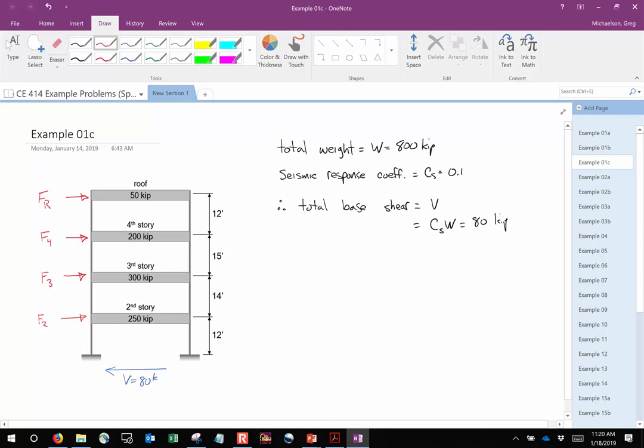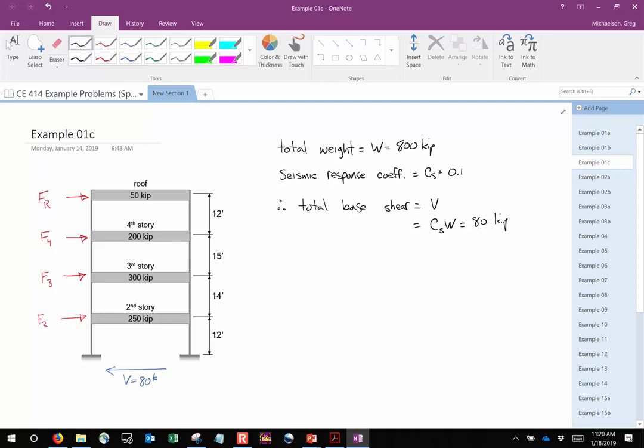Now, one of the things right off the bat when you perform your computation is you are distributing this 80 kips to each story. So a really simple way of checking your math is that when you add up each of these forces, they need to add up to be 80 kips. Okay? So that's just something to keep in mind.